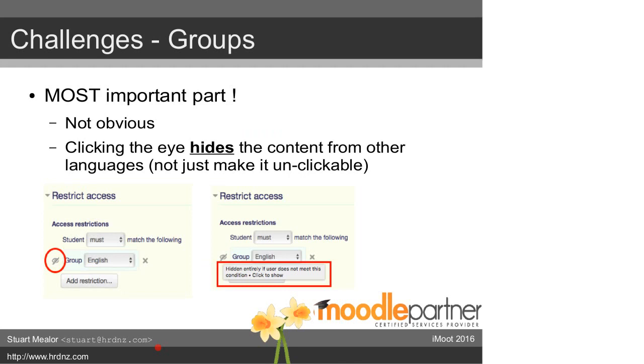It completely hides it. So if you set up the topic for English as part of the English group and then click on the eye, it hides it from the French group. And you take the next section, you repeat the process, you just alter that section and say only visible to people in the French group, and hide it so the English people don't see it.